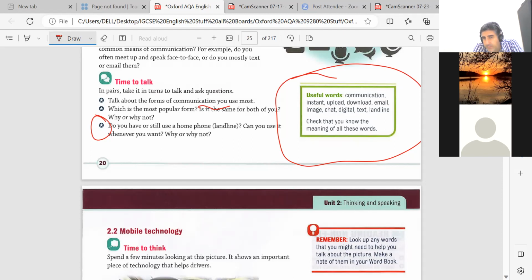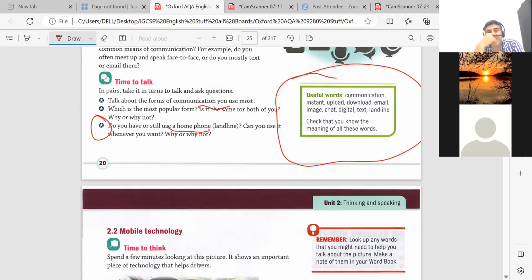A home phone. Yes, it is written there. A home phone means landline, right? Any words, guys?